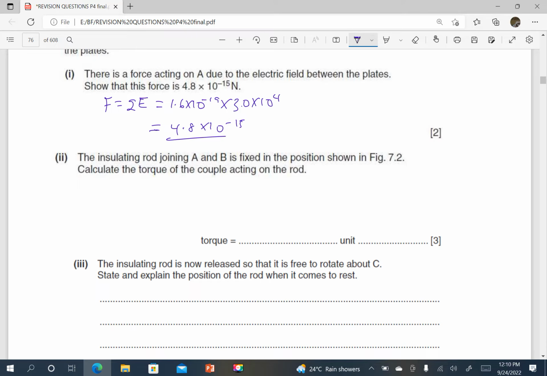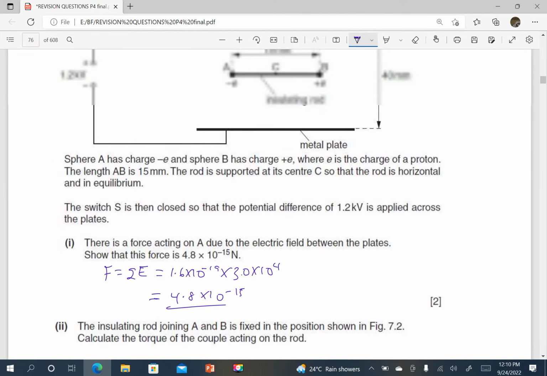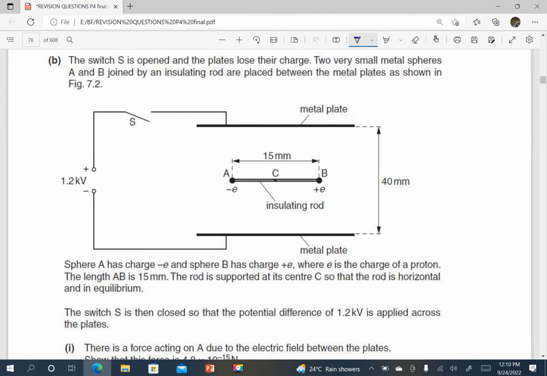The insulating rod joining A and B is fixed in the position as shown. Calculate the torque of the couple acting on the rod. Torque of a couple is the moment of a couple. This is acting vertically downwards, and there must be a force acting vertically upwards. These two forces constitute what we call a couple.